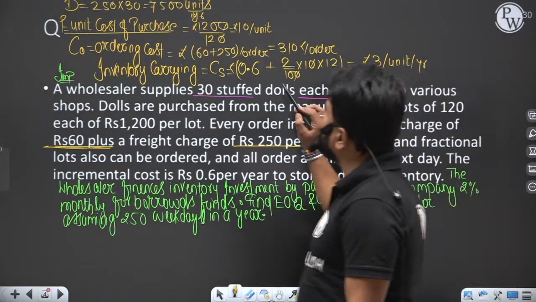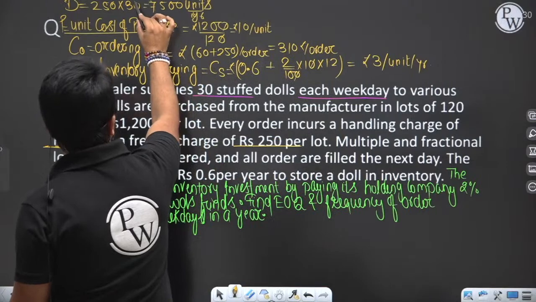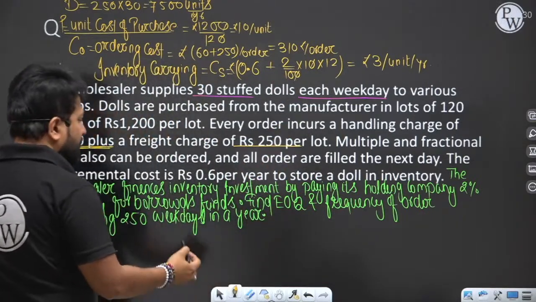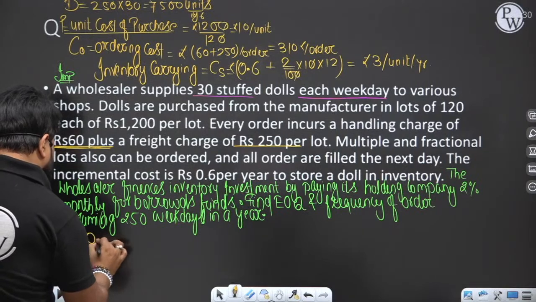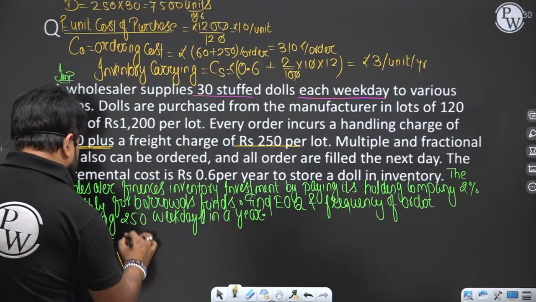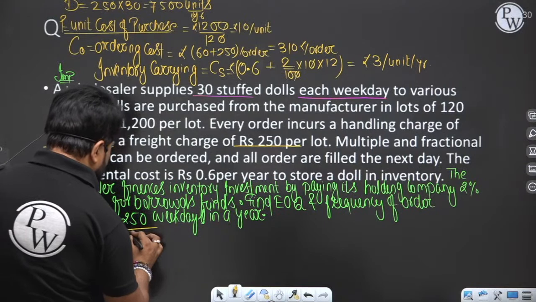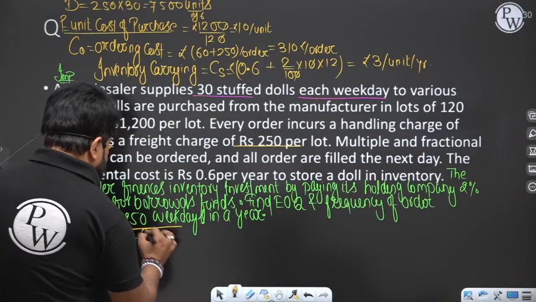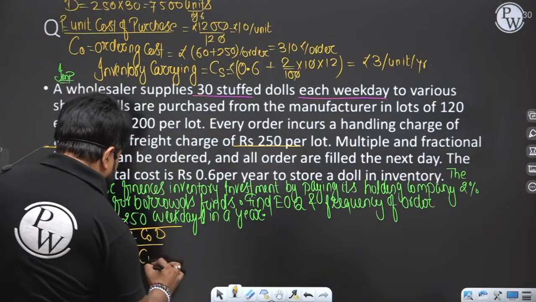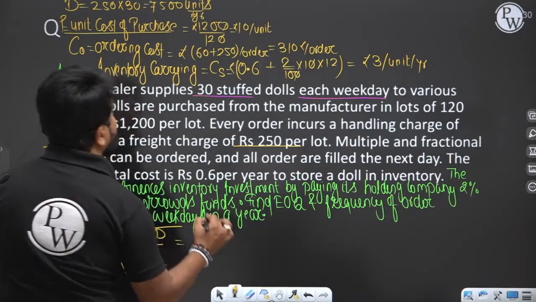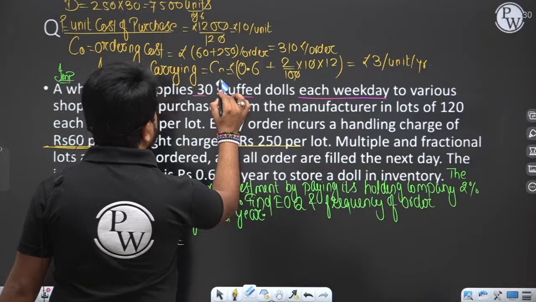Now you have the holding cost, ordering cost, all the data. What do you have to find? Economic order quantity. So economic order quantity is root of 2 into C naught into D divided by CH, that is the holding cost.